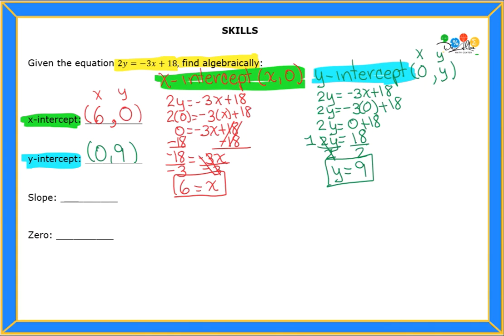Okay, so let me finish it up over here, and let's move to the next one. Now I need to find the slope. To find the slope, I am going to need to change my equation into slope-intercept form.